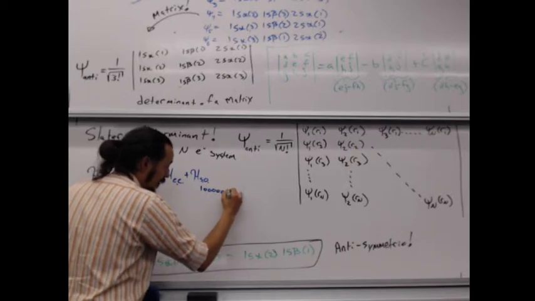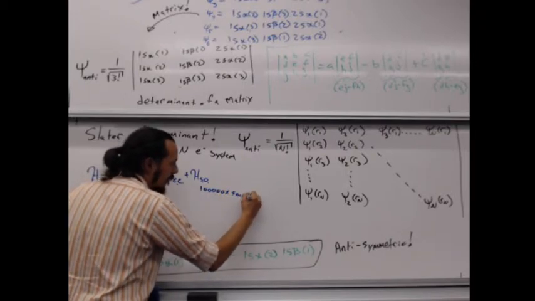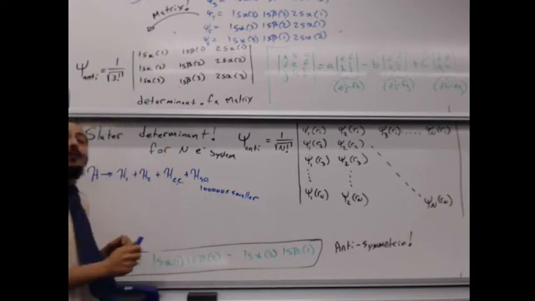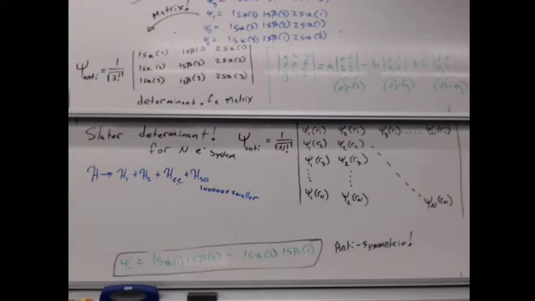The spin orbit part is going to be 100,000 times less. It's going to be on the order of 4 times 10 to the minus 5 electron volts.